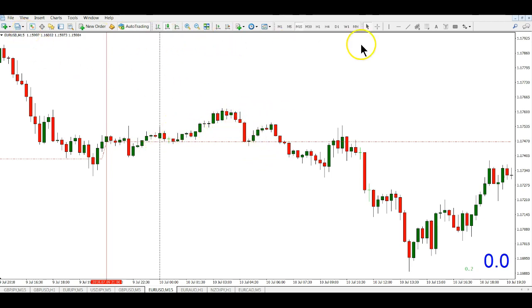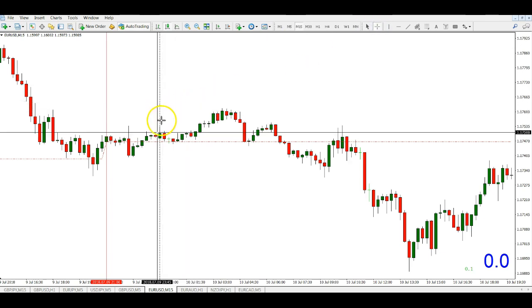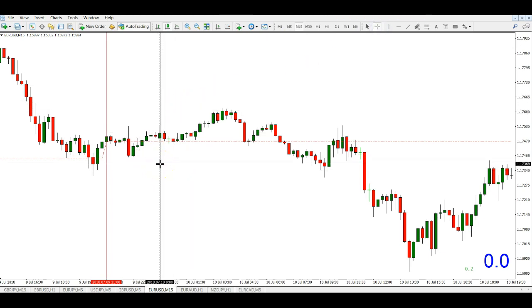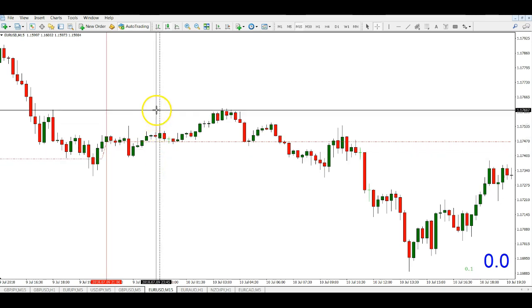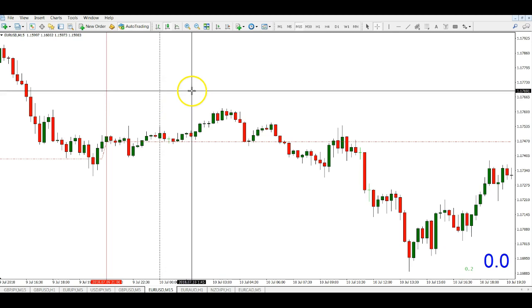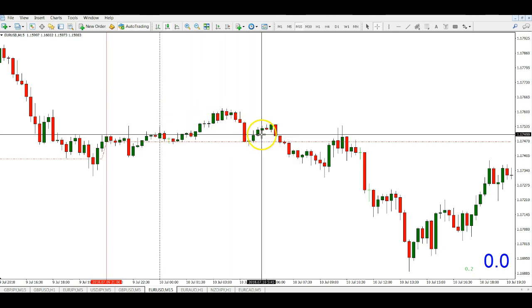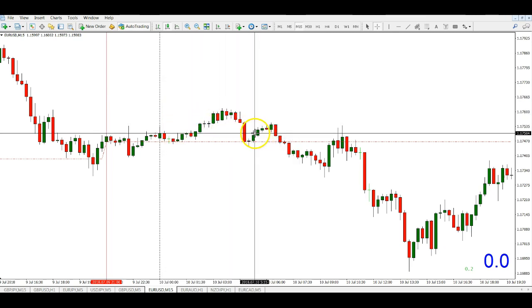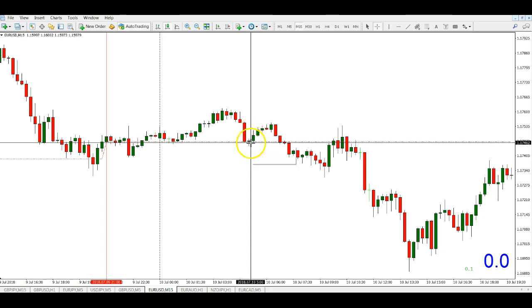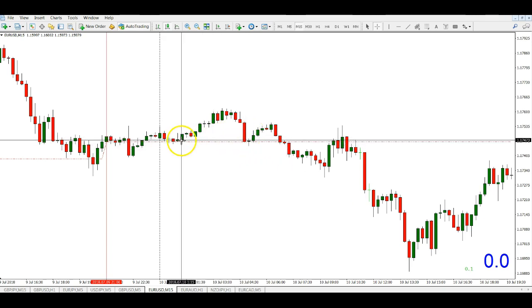This over here is the market close, 5 p.m. So this would be about 10:30, still at 10:30, 10 o'clock at night.